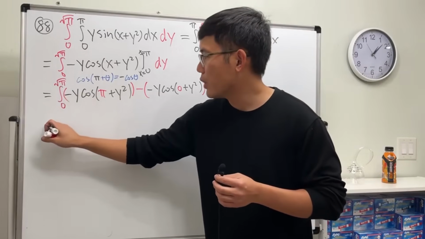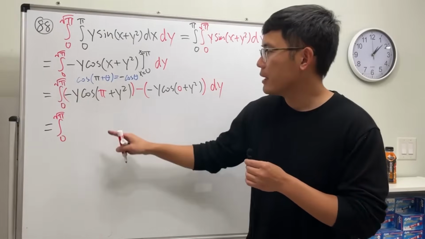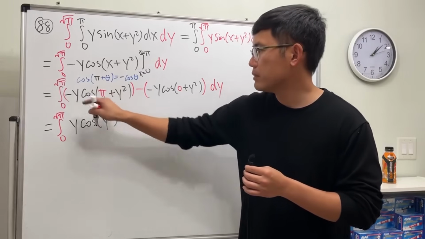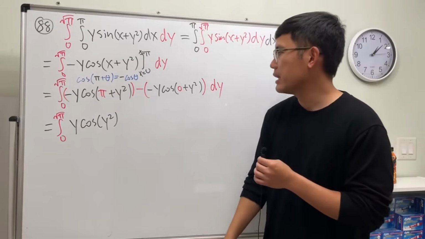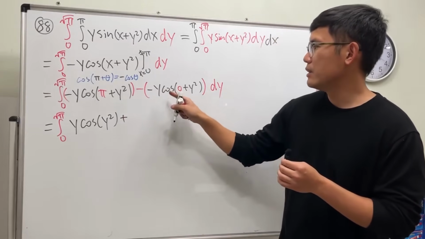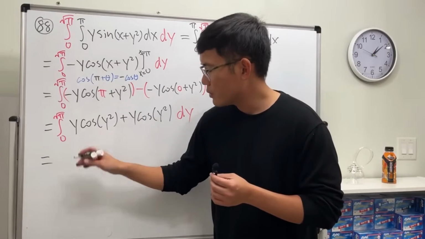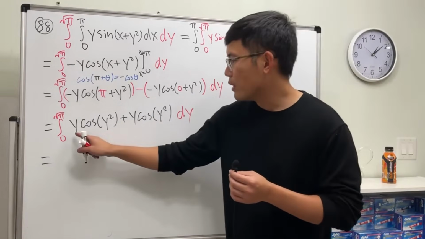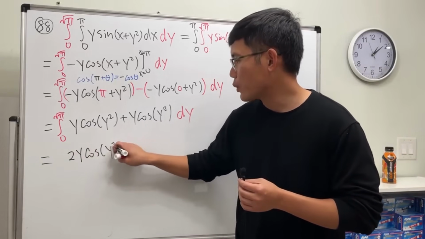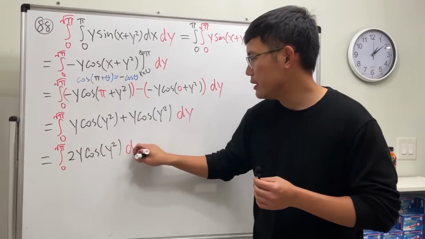So this right here will give us integral going from 0 to square root of pi, y here, and then cosine of y squared. And that becomes positive because of the pi. Negative is positive, and then again another y, and then 0 doesn't matter. So y plus y is 2y, cosine of y squared. We integrate this from 0 to square root of pi dy.